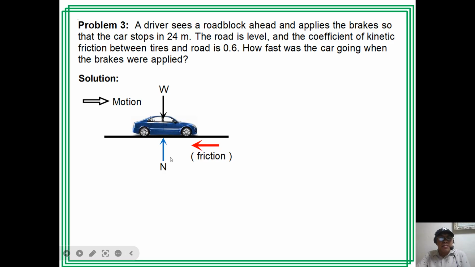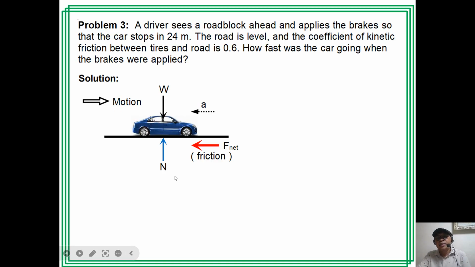So we have the weight, and the normal force. So if we use second law of motion, this is decelerated. So motion to the right, but the acceleration is to the left.